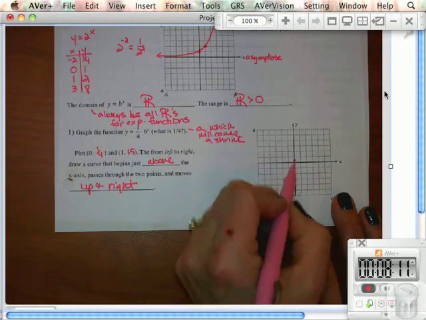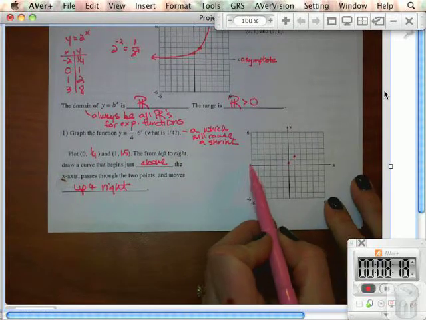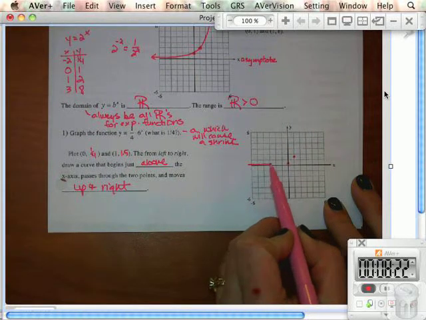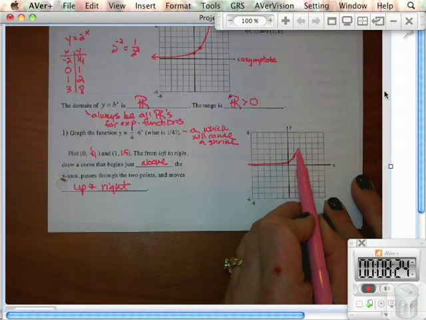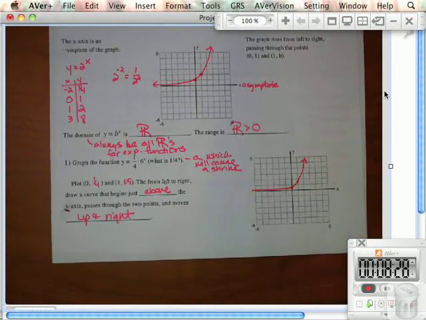Over 1, up 1.5, so there's my 2 points that I know I can graph. And then I just kind of sketch, but I never ever go below what? Really close. So there's a little bit of a shrink here, just a little bit of a shrink. That's that. Doable? Turn the page.